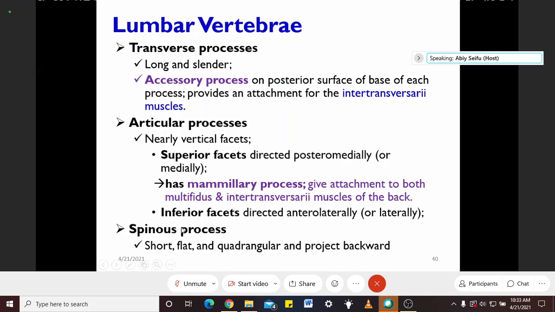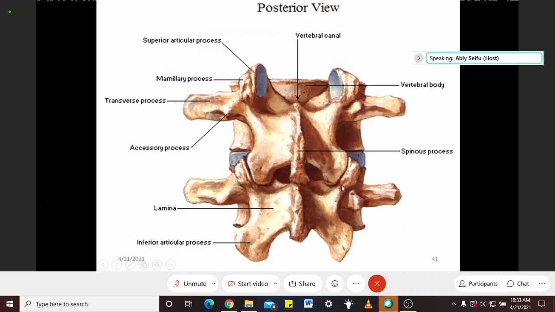Now, the spinous process is shorter, rectangular, and projects horizontally. You see, it is more blunt and rectangular in shape.